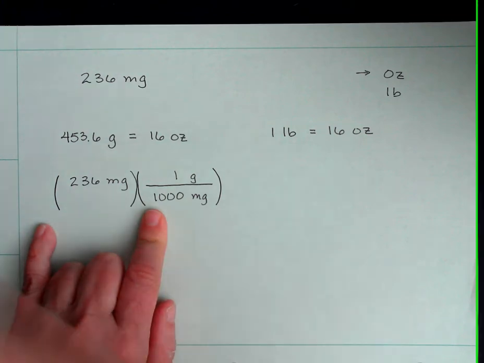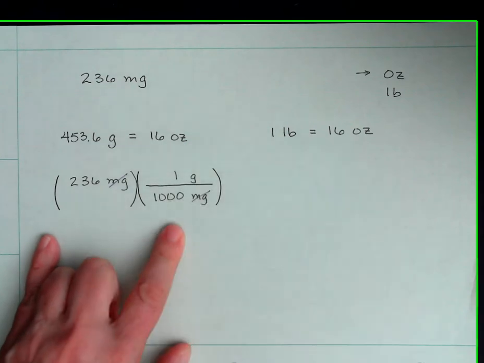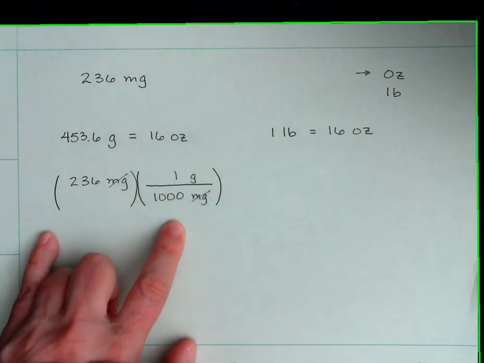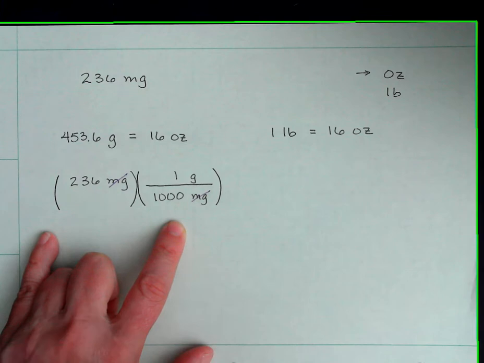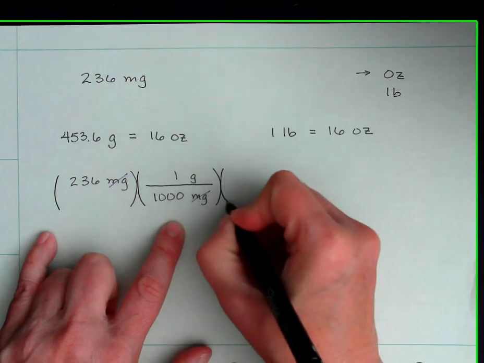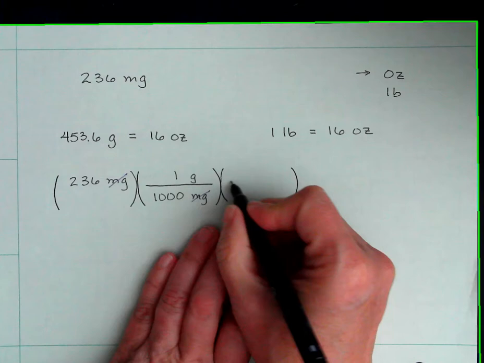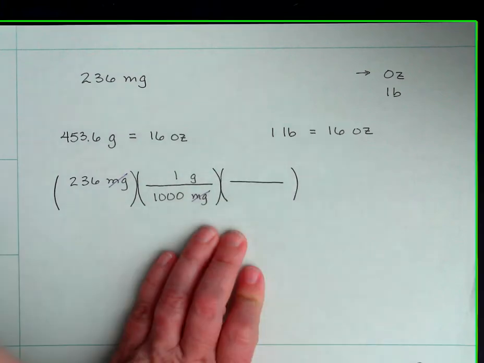So like I said, I'm going to use a different colored pen here so that we know that we marked this out. So at the end of this calculation, I'm actually going to have an answer in grams. But I want to take my grams to ounces, so I'm going to do the next conversion factor. I want ounces on top, and I want grams on the bottom because I want to be able to cancel that out.